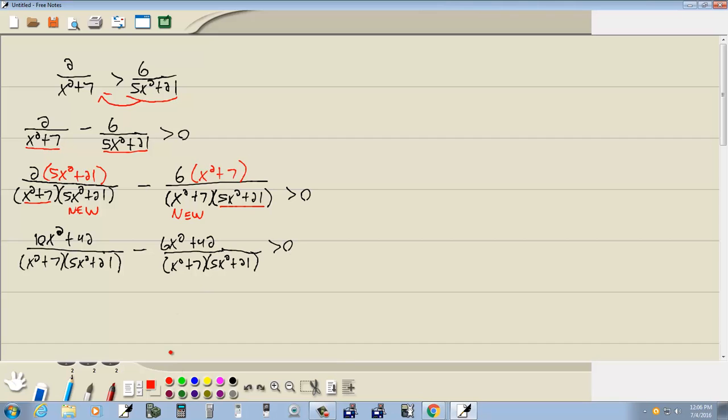Now since they have the same denominator, I'll merge together the top parts. Remembering if you've got a minus in front of your fraction, that flips the sign of everything up on top.